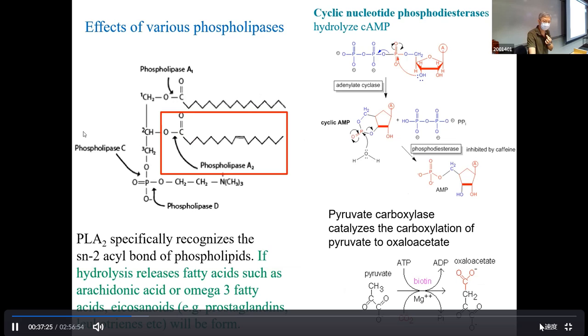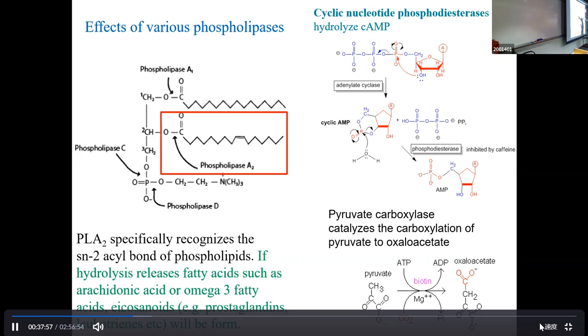So the first one is phospholipase A2. Now, hopefully you remember in your biochemistry, phospholipids will be what? Your glycerol backbone with fatty acids, and then of course phosphate, which will be here.